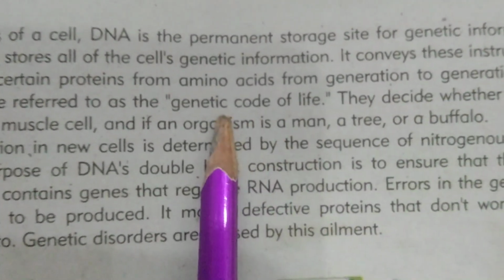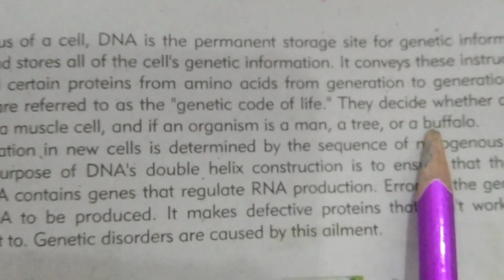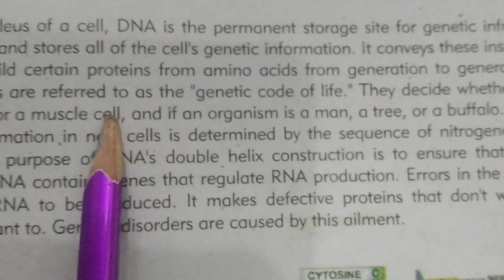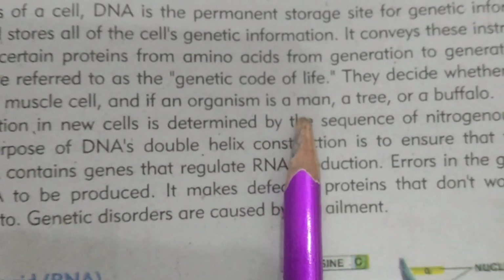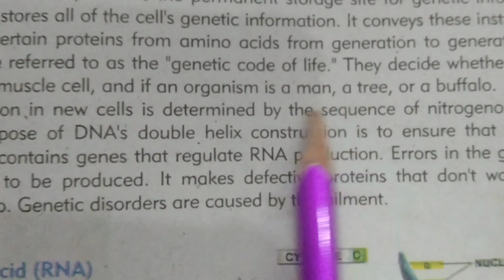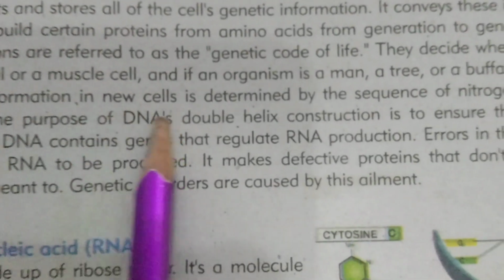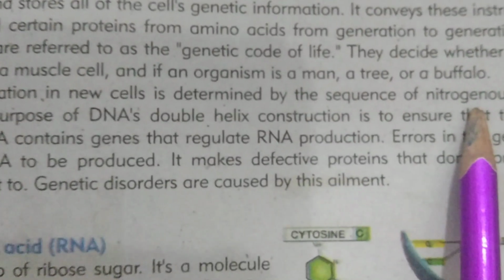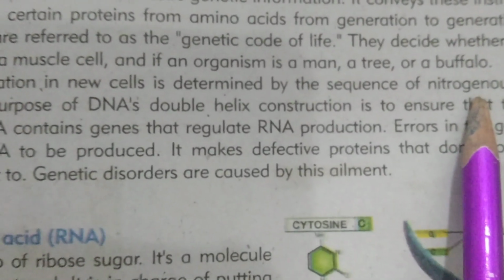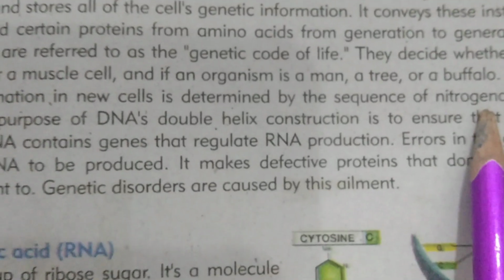That's why it is called the genetic code of life. It decides whether a cell will be a muscle cell, nerve cell, or an organism, man, tree, buffalo, whatever. And secondly, protein formation in the new cell is determined by the sequence of nitrogenous bases, meaning adenine, thymine, guanine, and so on.